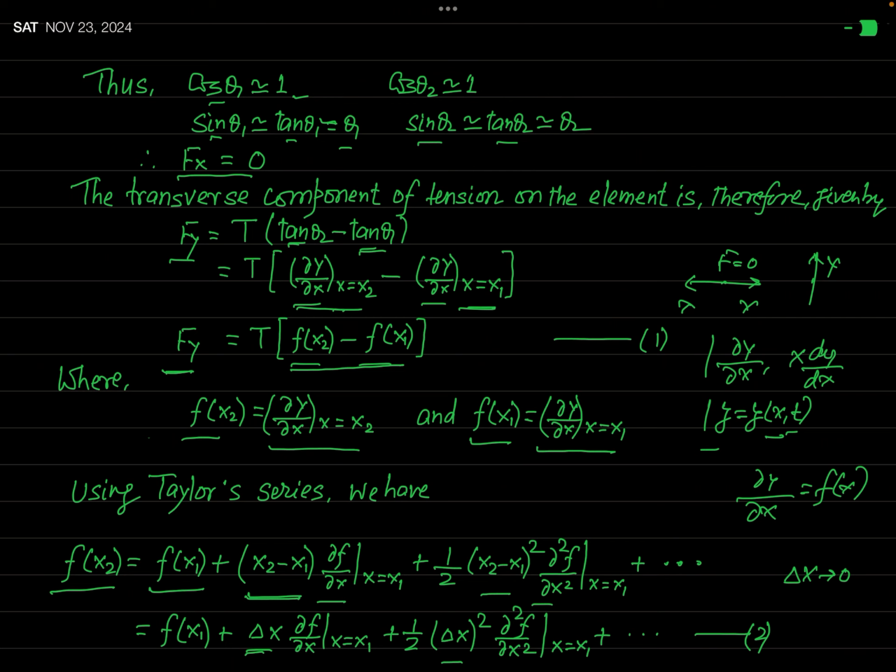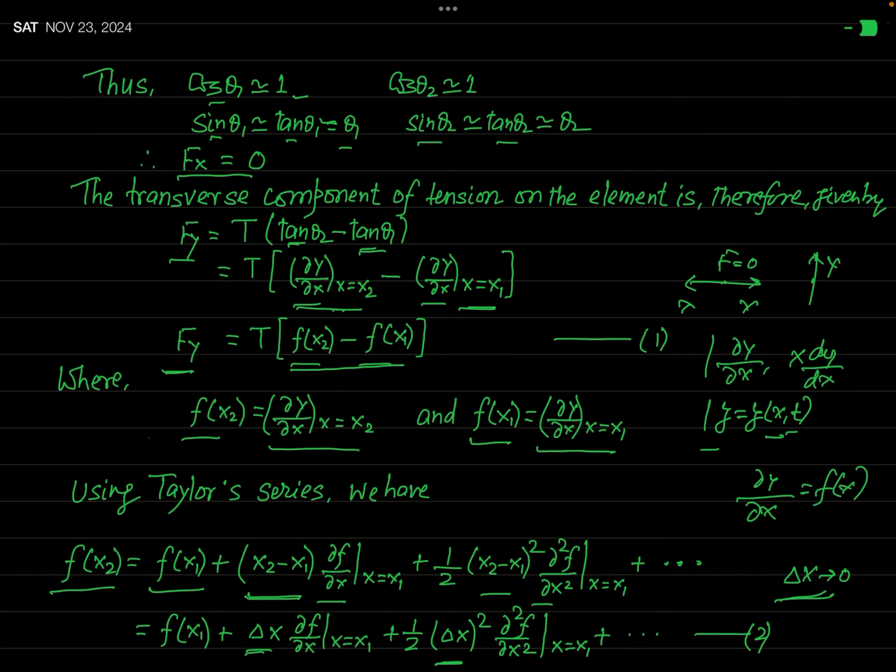And if delta x tends to 0, then delta x square, delta x cube, delta x to the power 4, all these terms containing higher powers of delta x will be negligibly small. So in this limiting condition, when you assume that the element is very small, or you simply say that delta x tends to 0, you can neglect all the terms containing higher powers of delta x.